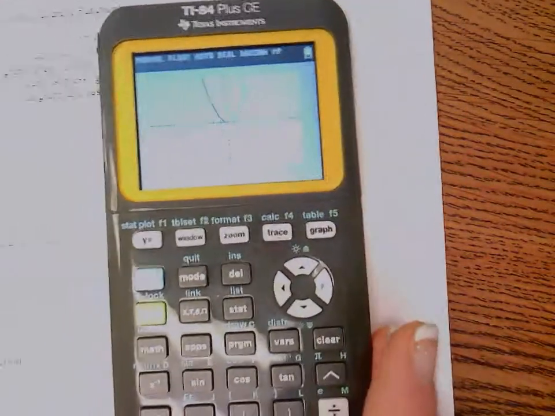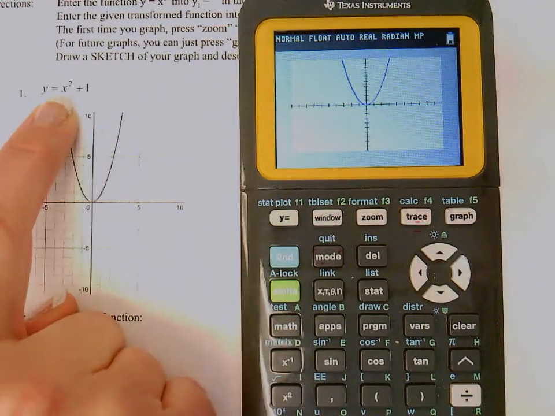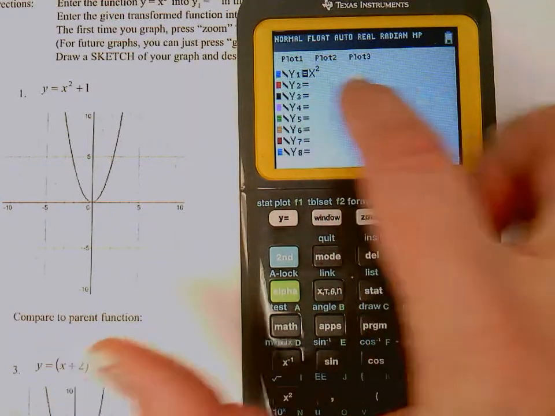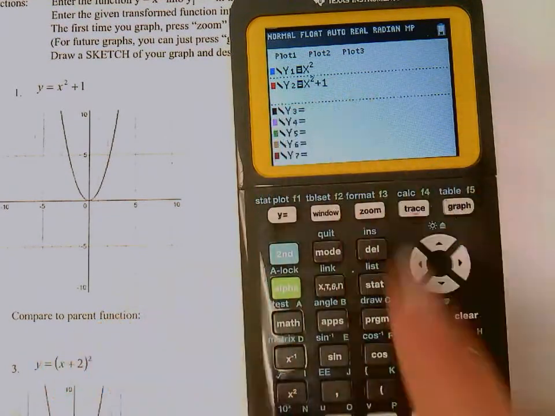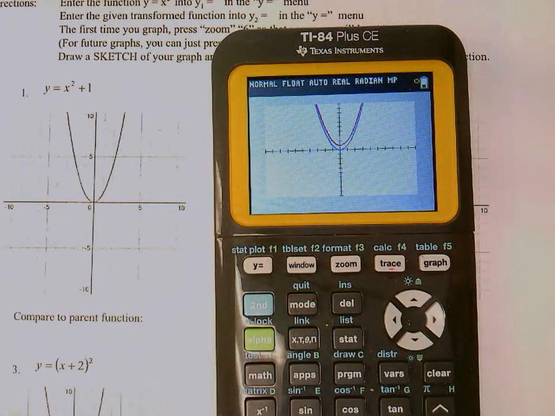And you are going to now graph this secondary function, this one right here, x squared plus 1, in your y2 menu. So x squared plus 1 goes in y2. So now when you graph it, you've got your parent function up there, and now you just graphed the transformation. So it says first, in your own words, how would you compare this to the parent function?